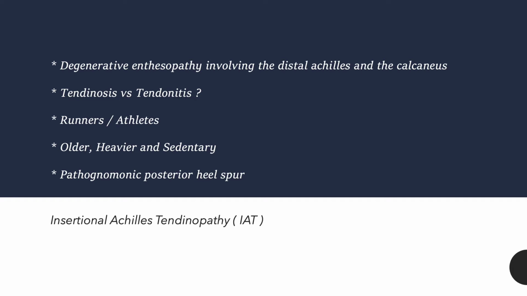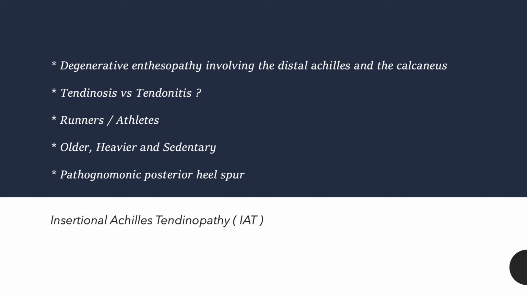Insertional Achilles tendinopathy is a degenerative enthesopathy involving the distal Achilles and the calcaneus. It is largely a tendinosis or degenerative condition, although there have been studies that suggest that there are inflammatory cells at the interface between the Achilles and the calcaneus, indicative of a tendinitis.